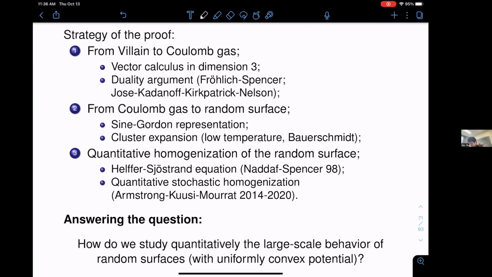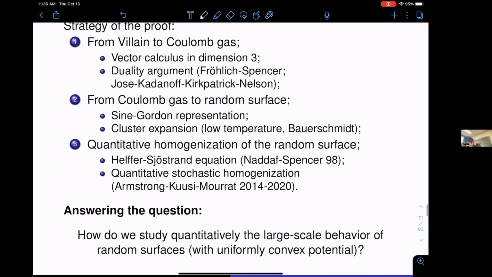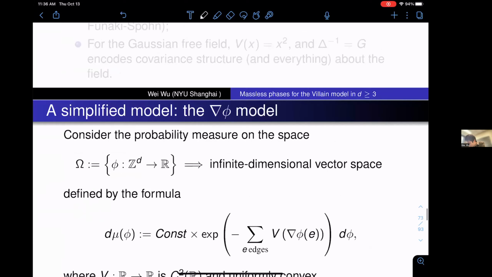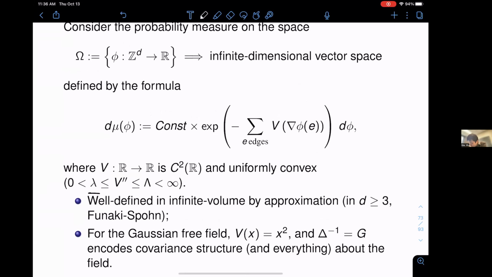Now, let's start with a much simpler setting, just the setting of a convex gradient type of Gibbs measures. So instead of a Gaussian free field, you can generalize the Gaussian free field by changing the quadratic potential to V that is uniformly convex. Here, I mean the second derivative is bounded above and below.